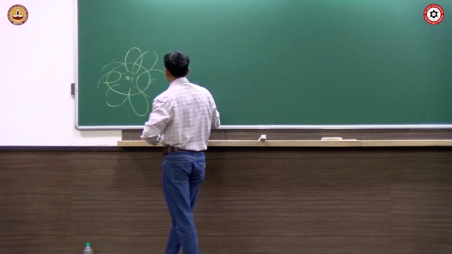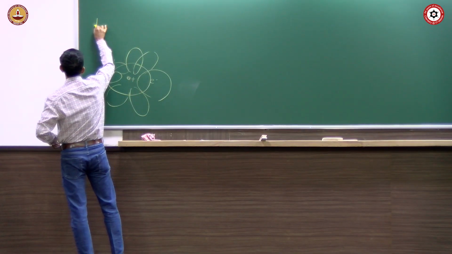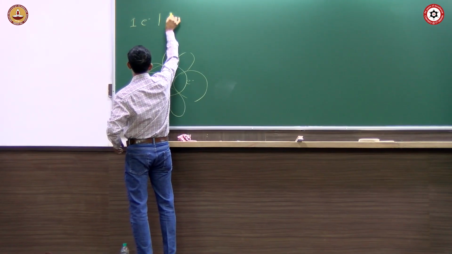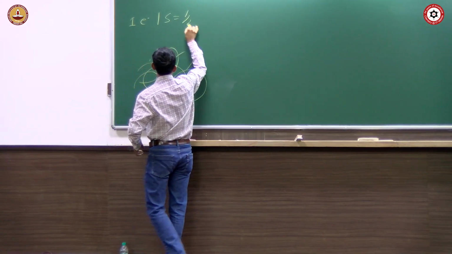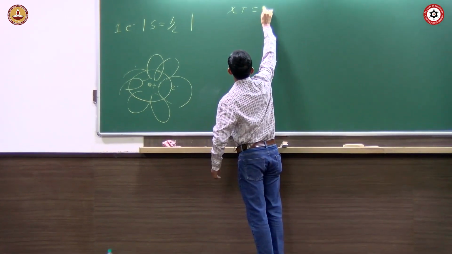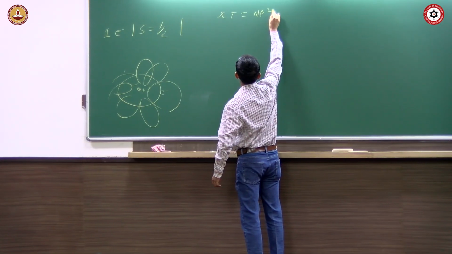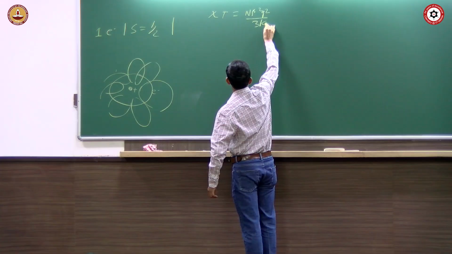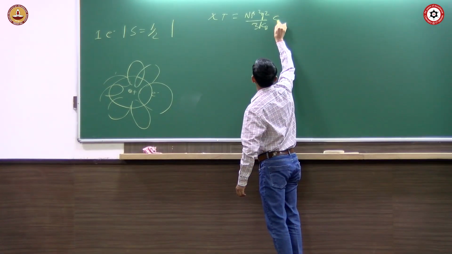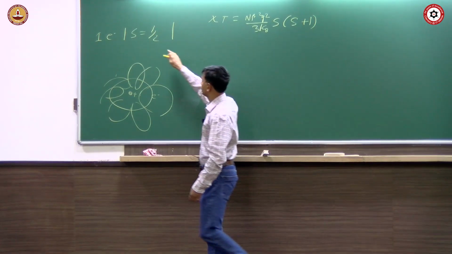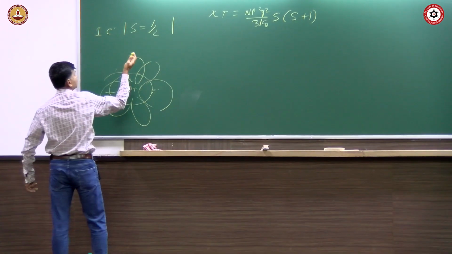Now I said that if you have one electron, it is like S equal to half, and I gave you a formula: chi T equal to n beta square g square by 3k, where k is the Boltzmann constant, into S plus 1. This S is the ground state spin.